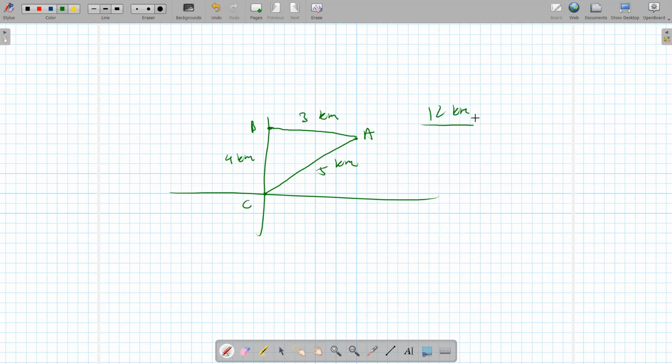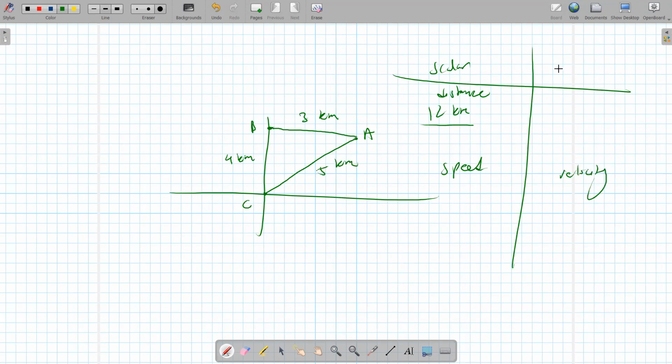Distance is a scalar. Now what's the vector equivalent? Like speed is a scalar, it's velocity. The vector equivalent of distance is something called displacement, which doesn't care about the route you took. It only cares about where you started and where you ended up. What do you think the displacement is in this case?